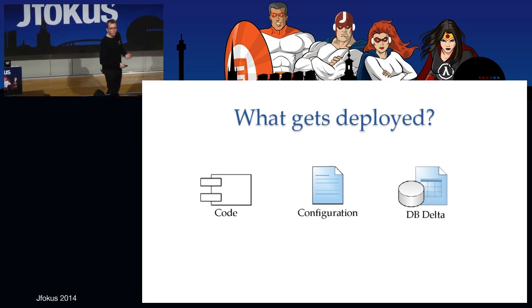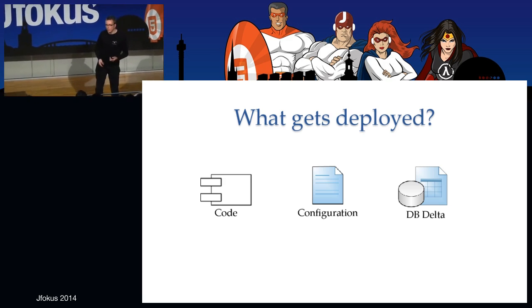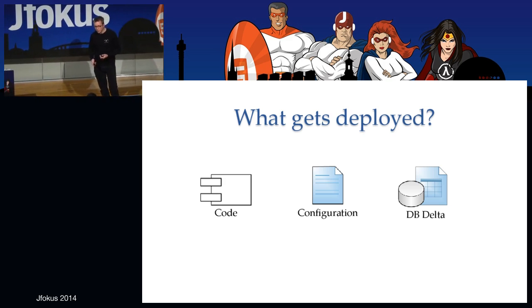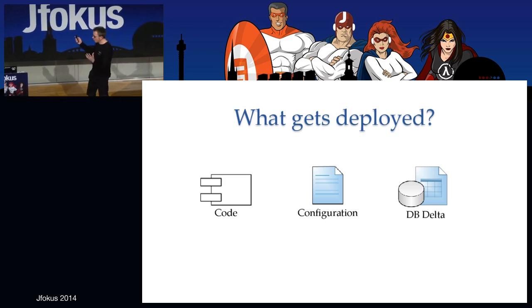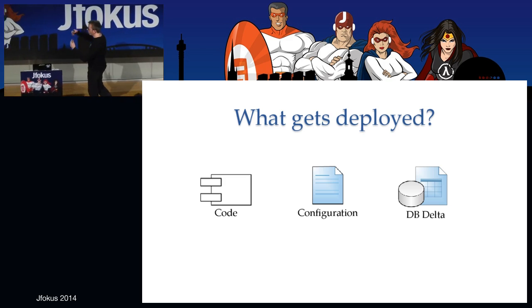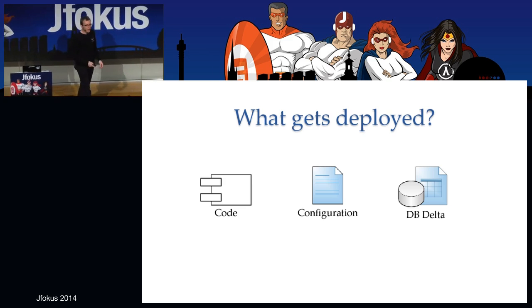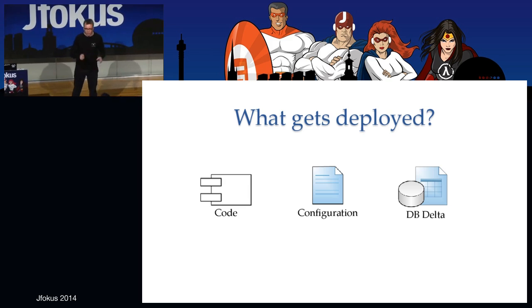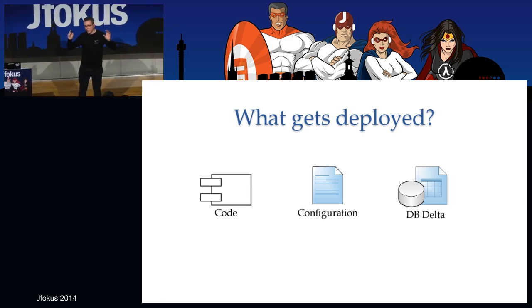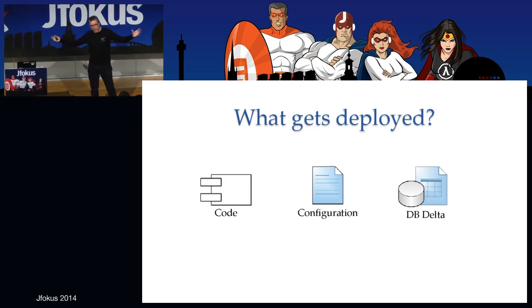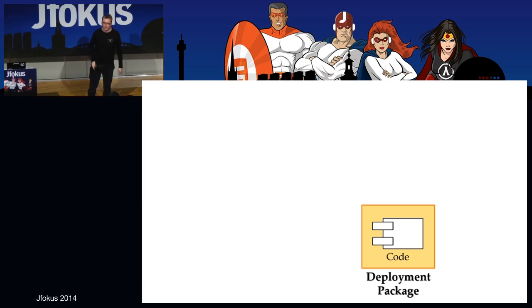So most of the world today, and I think it's the case for you guys as well, still uses relational databases, where we have a fixed structure that needs to evolve along with the code that's accessing it. So for that, we have database delta scripts. So we have to get these three things out to have a fully functional application.